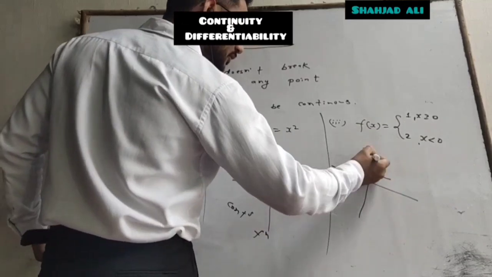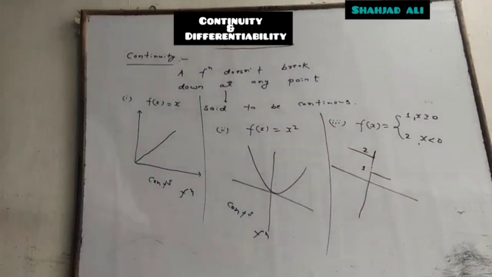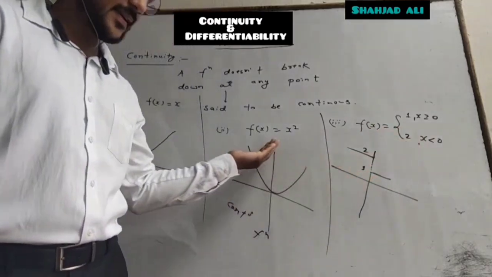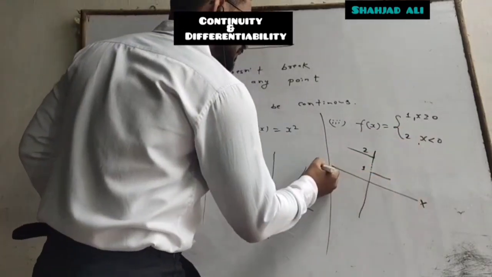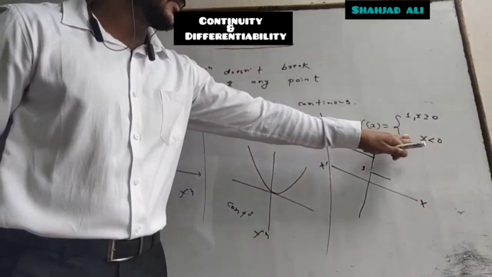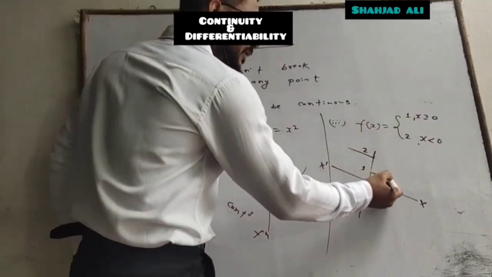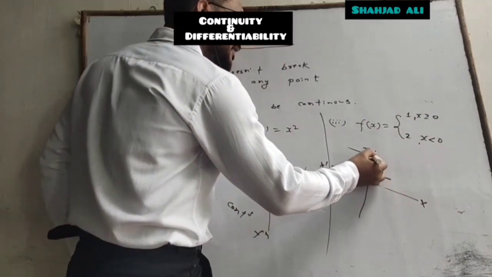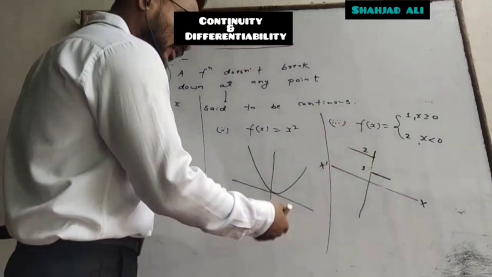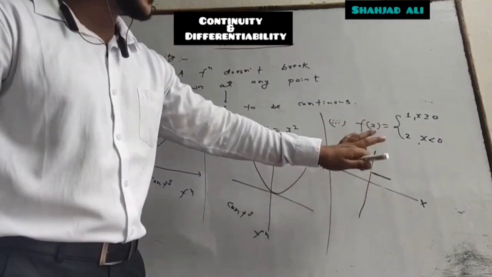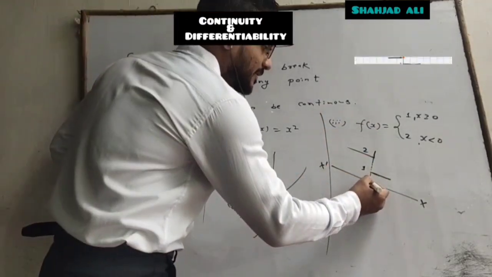For x less than 0 means this side, because this is the x-axis. So on the negative side, this value is 2. For the positive side, this value is 1. So this is the graph. But when you are drawing this from here to here, you have to lift the marker. Or we can say this function is breaking down at point 0.